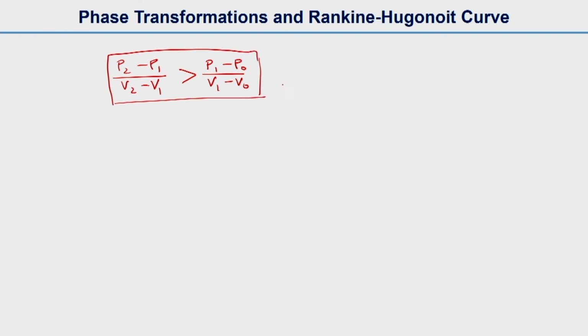That is the condition for two shock wave structure. If that doesn't satisfy, that means the second shock wave will overtake the first, or that means now there will be only one shock wave instead of two.